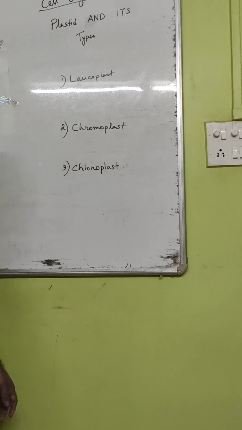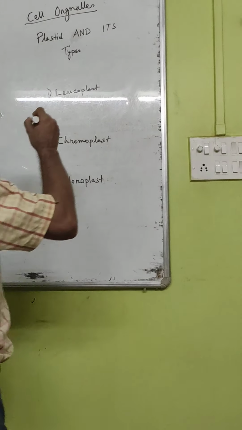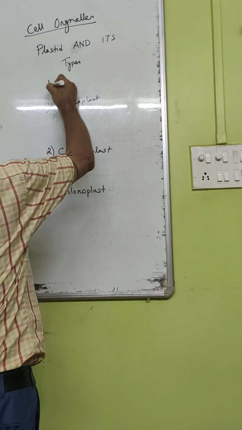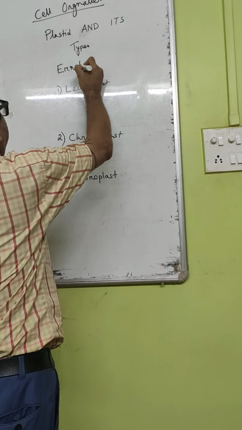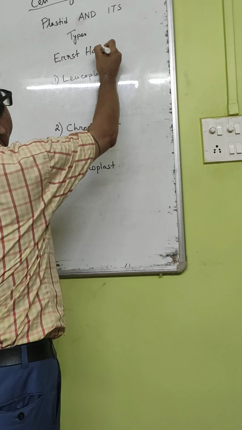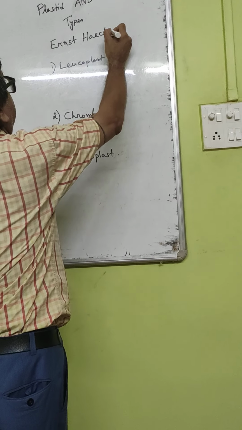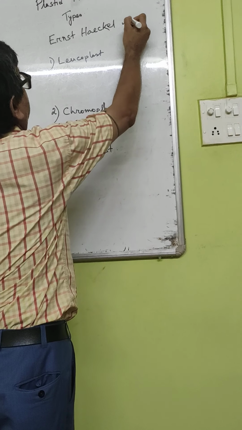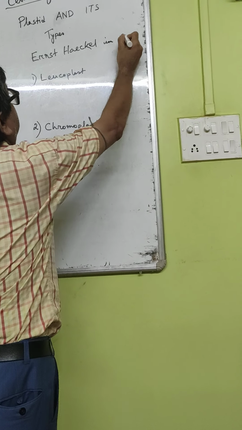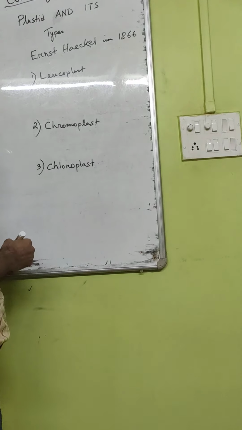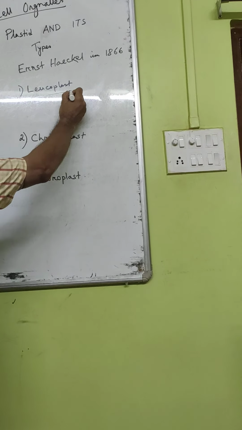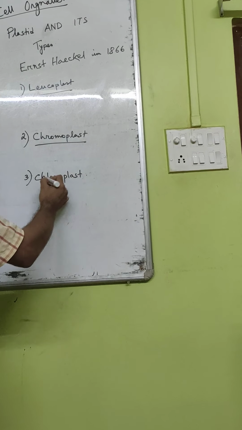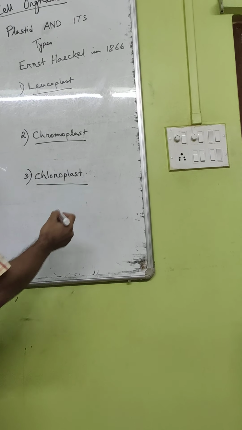The term plastid was first given by Ernst Haeckel in 1866. So plastids are of three types. One is called leucoplast, one is called chromoplast, and one is called chloroplast.